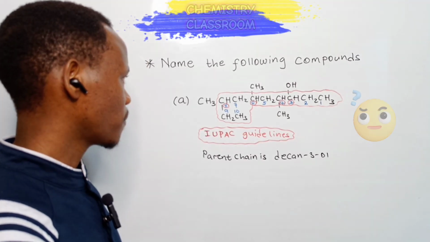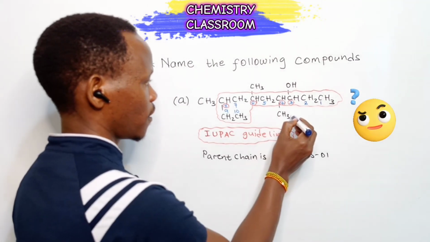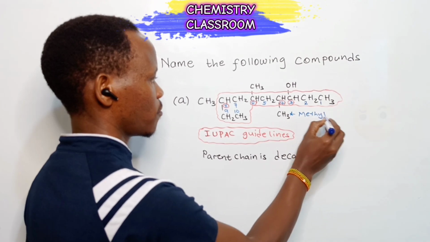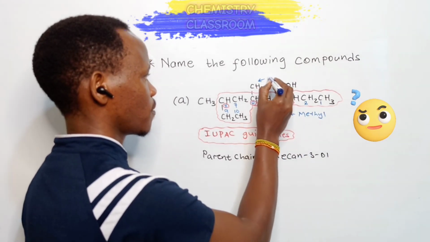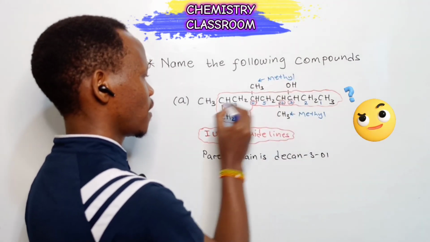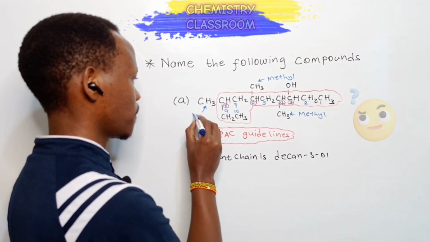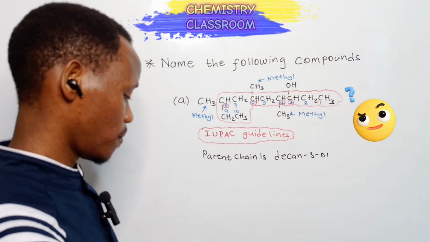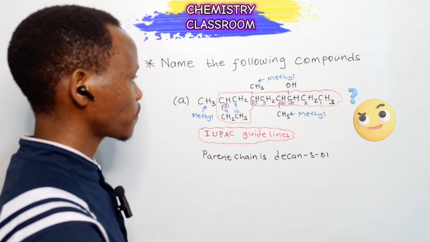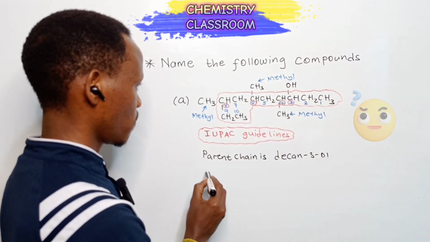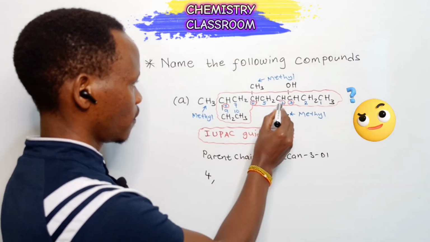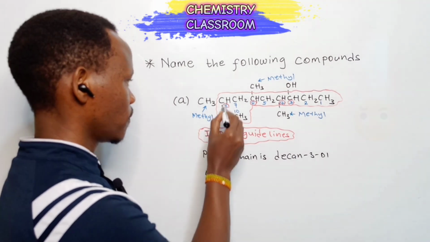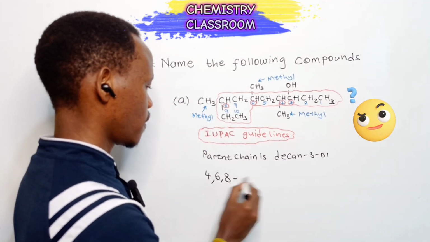But before we write our name, let us also establish the fact that we have 3 similar methyl groups. This is also a methyl group, and so is this. So without wasting time, the name of our compound is going to be 4, there is a methyl group, and then 6, and then 8, then a hyphen.